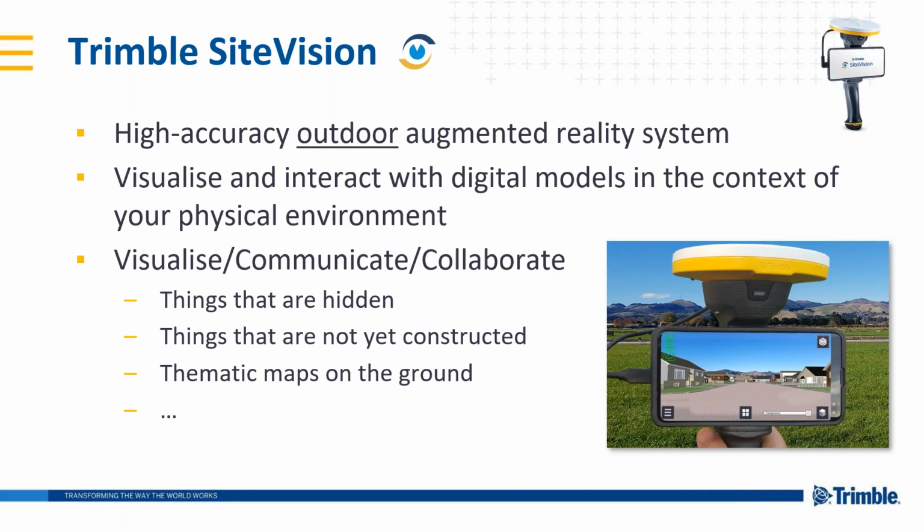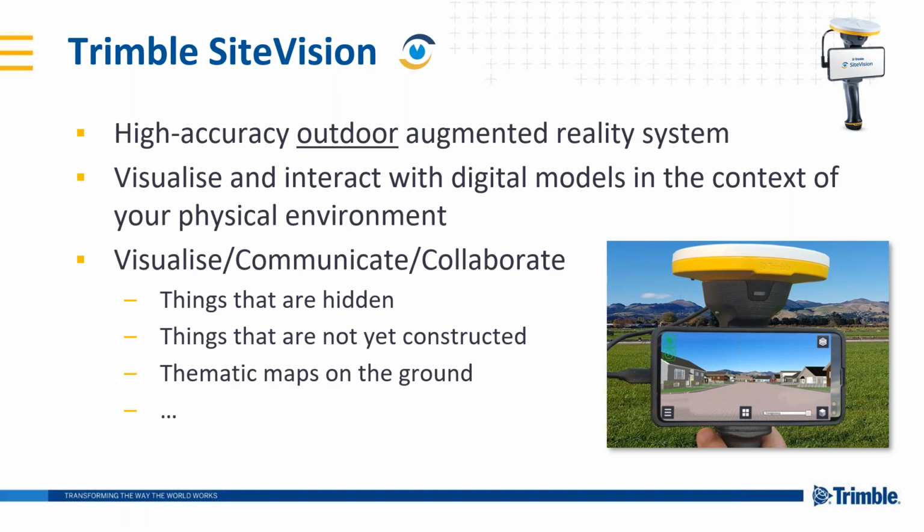What it allows you to do is visualize digital data sets in the context of the real environment out on site. And through the integration of a laser distance meter into the handheld, it also lets you interact with those digital models.